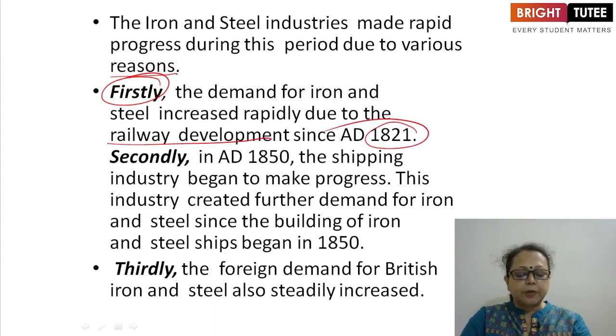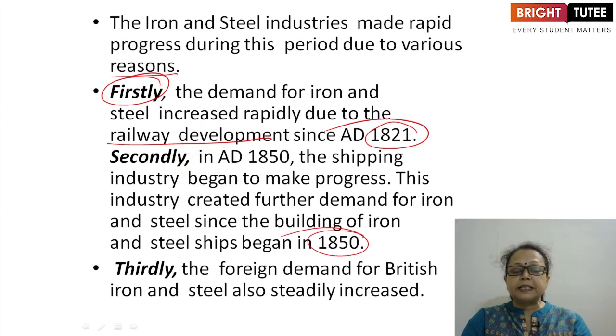Then secondly, in AD 1850, the shipping industries began to make progress, and this industry created further demand for iron and steel, since the building of iron and steel ships began in the 1850s.